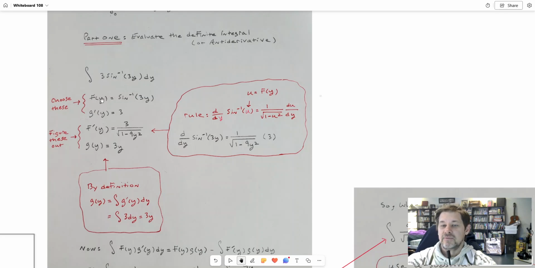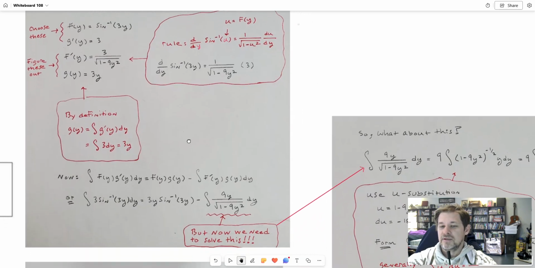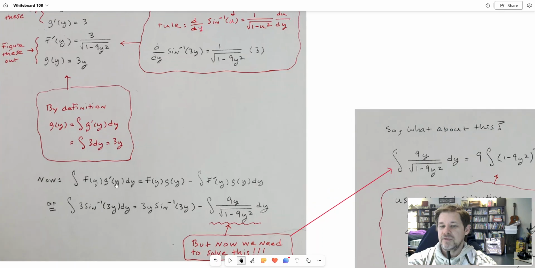And the other one is this inverse trig function. Okay, so for this to work with integration by parts, the choice I need to make is that f of y is sine inverse 3y and g prime of y is 3. So I choose those. That's the way that it works. Here's what integration by parts looks like. We see the original integral as being f times g prime. I have to decide which of those is f and which is g prime.